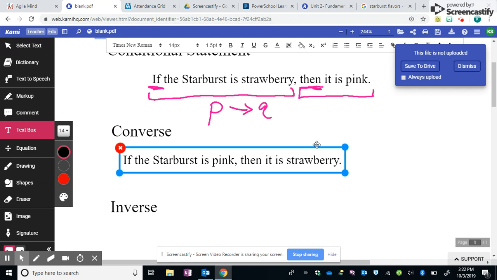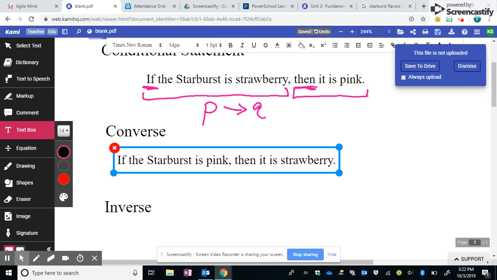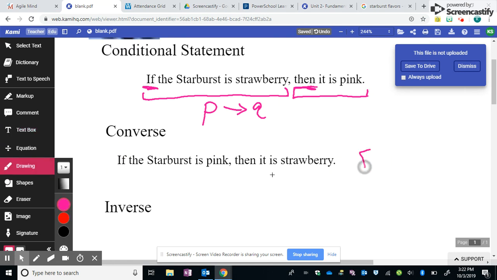Which this is not necessarily true, because if you look at other kinds of starburst, there's pink that aren't strawberry. So this one would be a false conditional statement, where this one would have been a true conditional statement. So this one goes Q to P instead of P to Q.